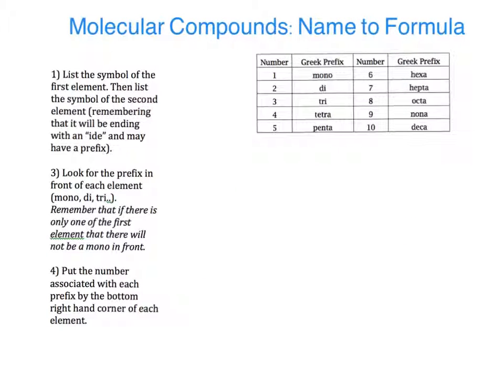All right, now let's talk about how to go the other way with molecular compounds, so taking a name and going to a formula. And you'll find that this one's pretty easy. Okay, so I'll just get an example done and we'll go through the instructions together. So for this one, let's start with a compound that we know, dihydrogen monoxide.